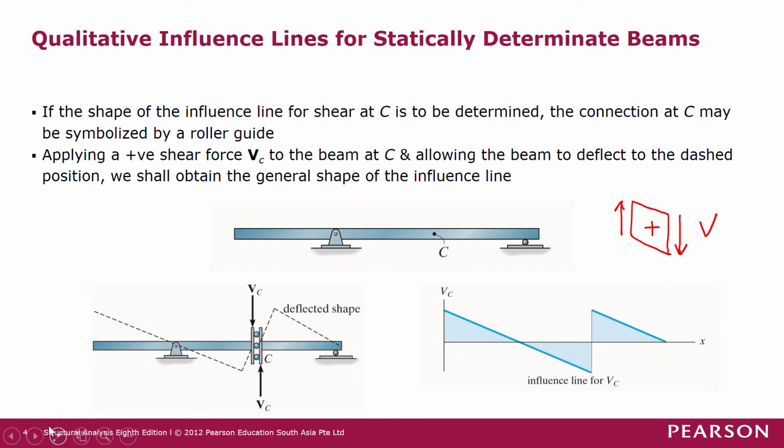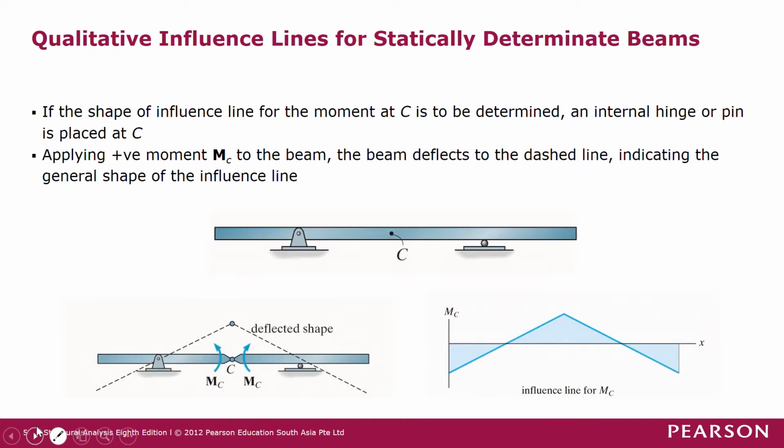And then next we want to look at moment. So if the shape of the influence line for the moment at C is to be determined, an internal hinge or pin is placed at C. So if we're interested in the bending moment influence line at cross section C here, then we replace point C here with a hinge.